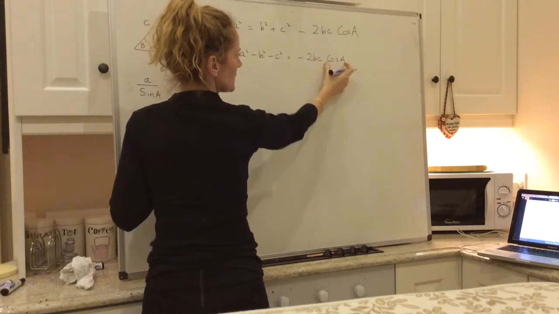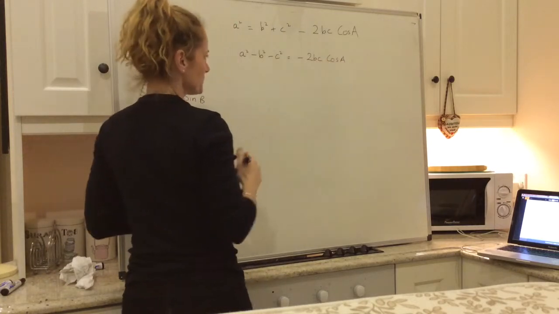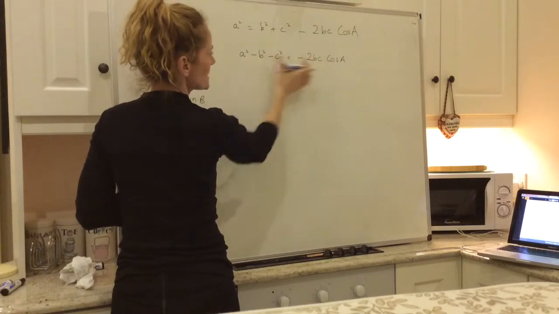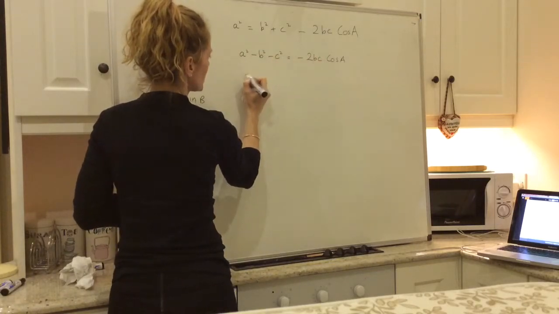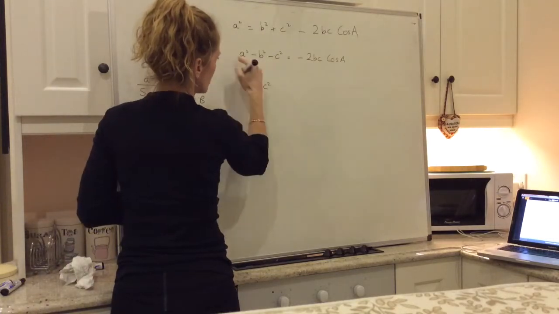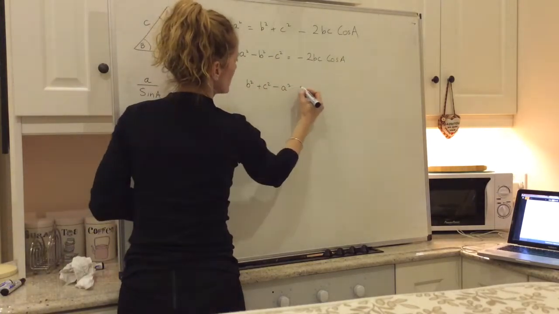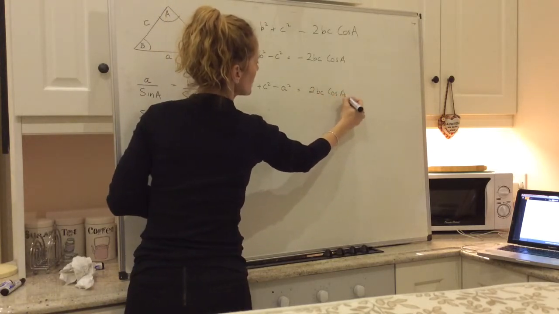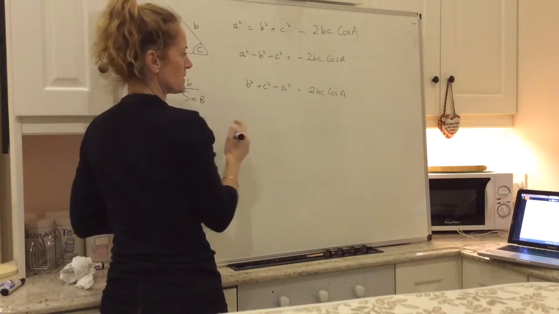We're trying to get a formula for cosine A. So if we multiply both sides by minus 1, we're going to get minus a squared plus b squared plus c squared is equal to 2bc cosine A. So all I did was multiply by minus 1 on both sides.